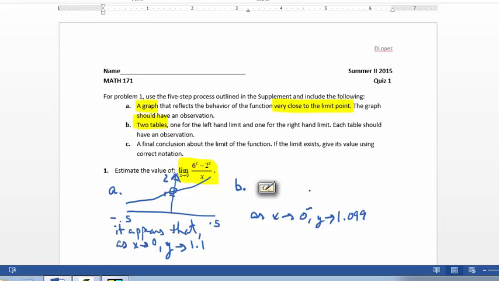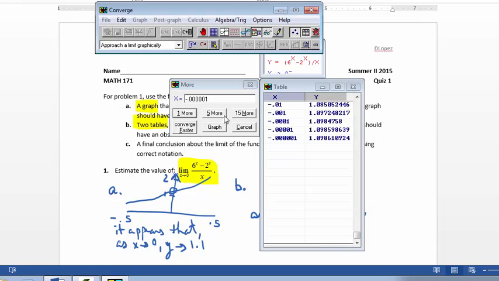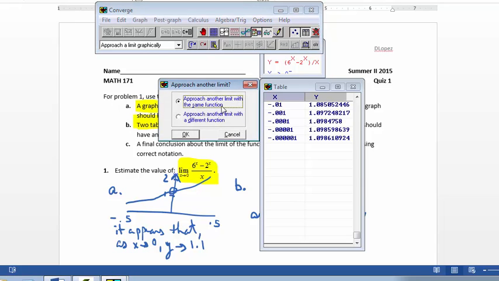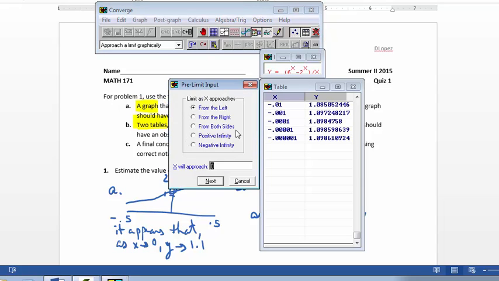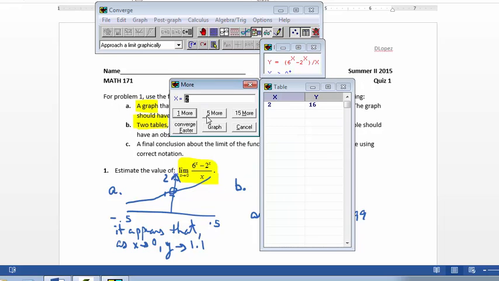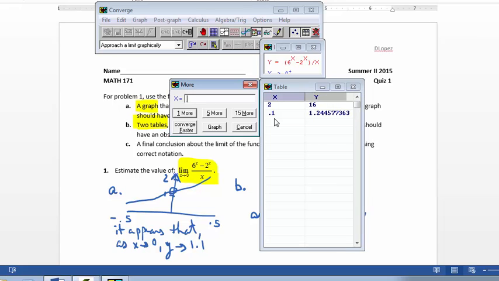All right, and then you would do the right-hand limit. Approach another limit with the same function? Sure. Now I just do 0 again, but from the right. I'm going to do 0.1, 0.01, 0.001, 0.0001, 0.00001.